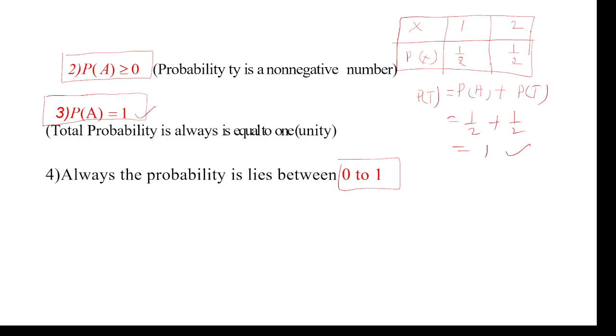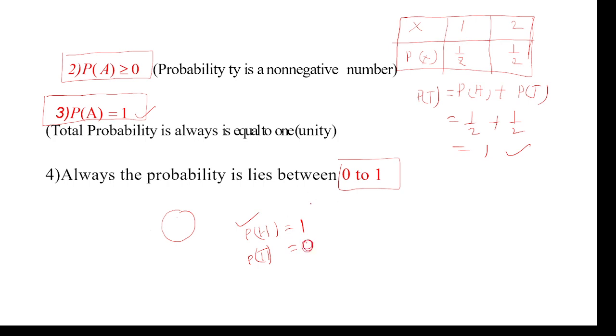This is considered before completing the experiment. For example, if you tossed a coin already and we got head, then the probability to get head is 1 in this case. Head has happened. So the probability to get tail is 0 in this case, because head has already happened.